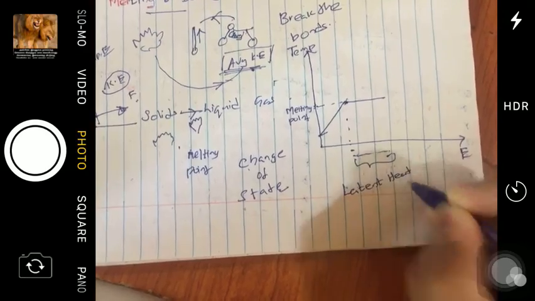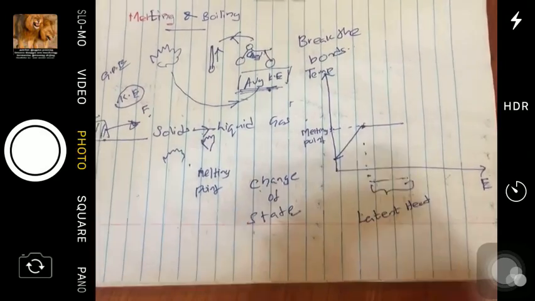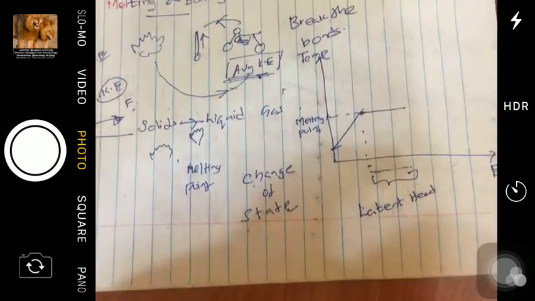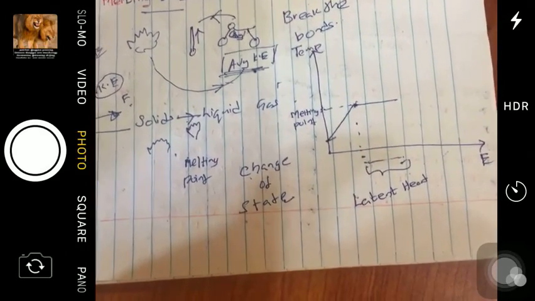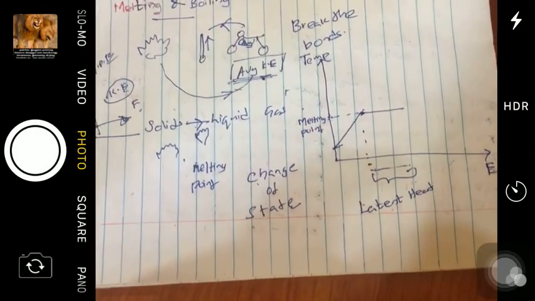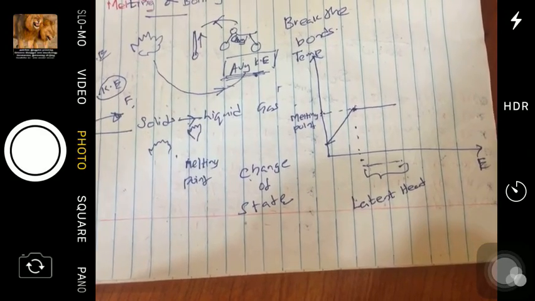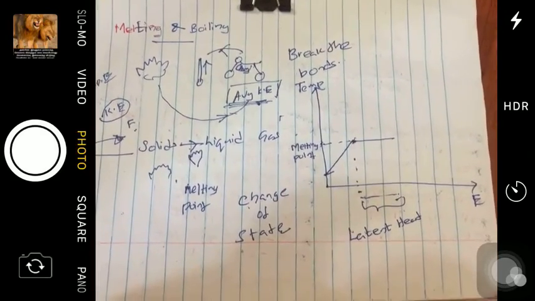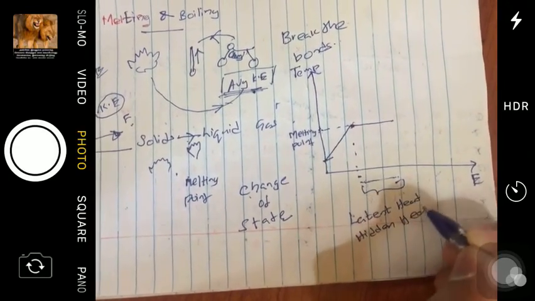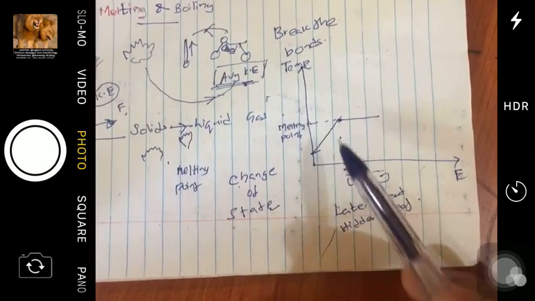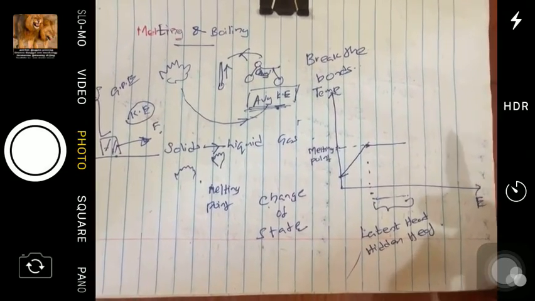The meaning of the word latent is hidden. I would rather prefer the word hidden heat, because it rhymes and at the same time is more direct. So latent heat means hidden heat. It is hidden in the sense it doesn't show up in the temperature. You can't catch it by looking at the temperature.